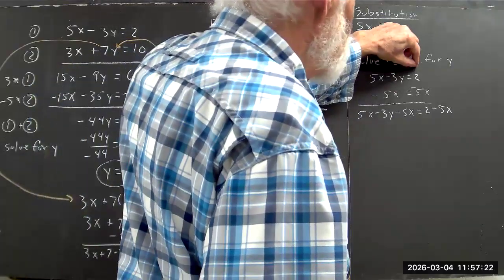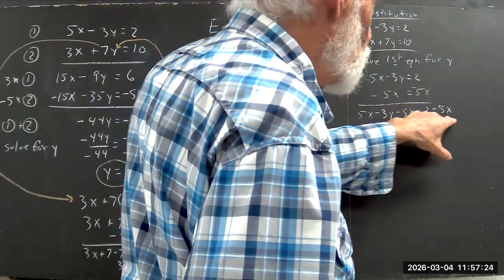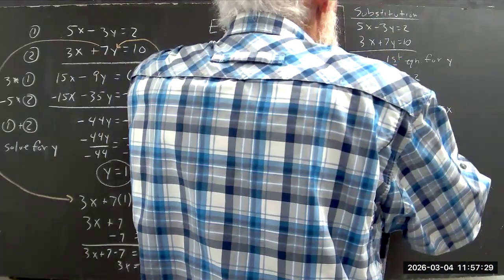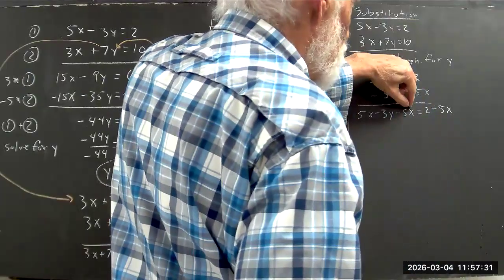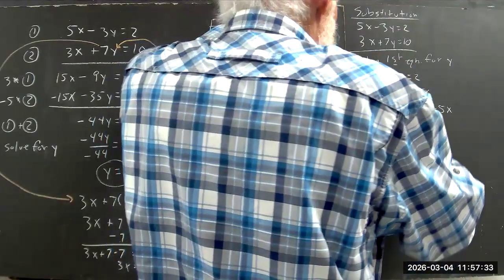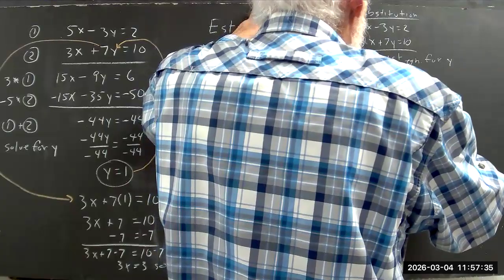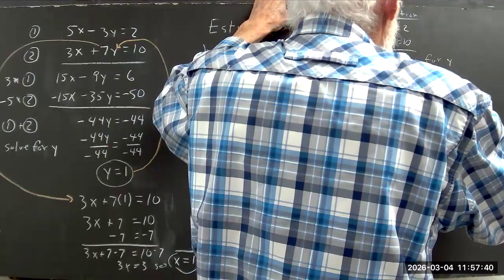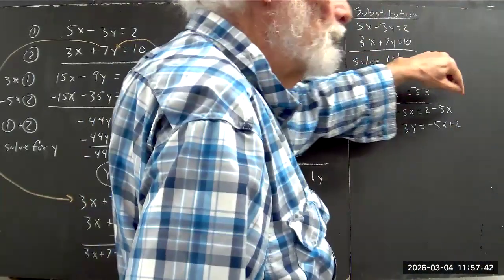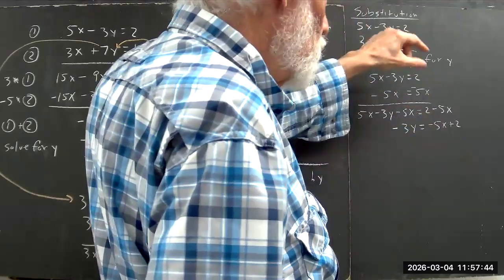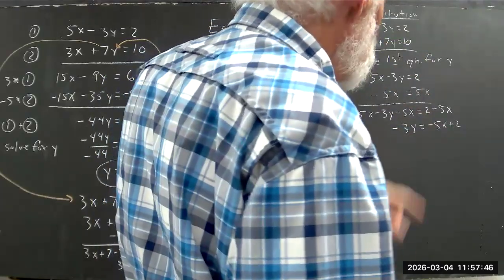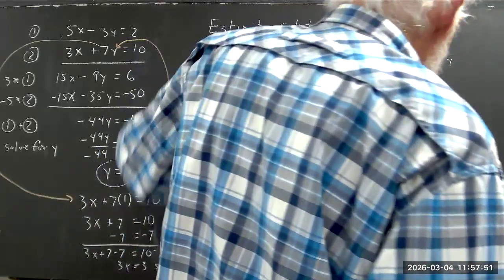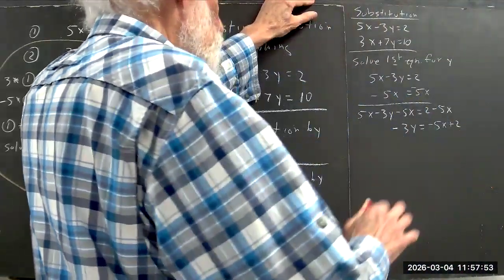On the right-hand side, it's 2 and minus 5x, so I write 2 minus 5x. Then 5x minus 5x is 0, so on the left-hand side I'm left with just negative 3y. On the right-hand side, I had 2 minus 5x because that's the order in which the addition was done, but I'm going to write it as minus 5x plus 2, which is more familiar.